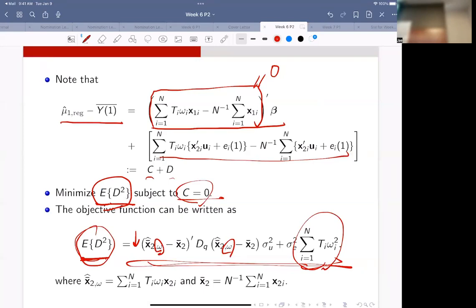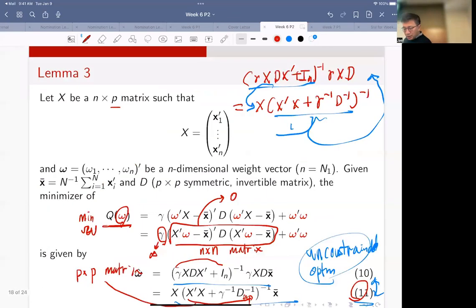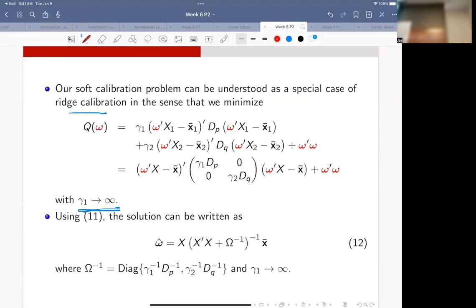But now we know that constrained optimization can be solved by unconstrained optimization, putting an additional tuning parameter for the C part, right? So we can do the same thing here. We introduce a tuning parameter gamma 1 to control the hard calibration constraint, okay? And we let gamma 1 go to infinity later. So the whole thing becomes unconstrained optimization, right?